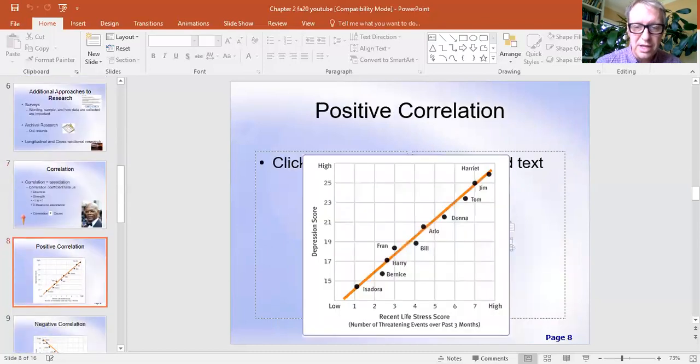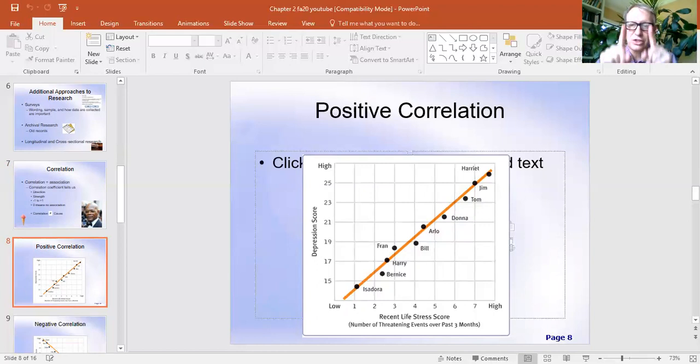So we have the direction and strength of a relationship. This one is a positive correlation. You can see on this graph, as stress goes up, a person's depression score goes up too. A positive correlation says as one variable goes up, the other variable also goes up, and as one variable goes down, the other also goes down.